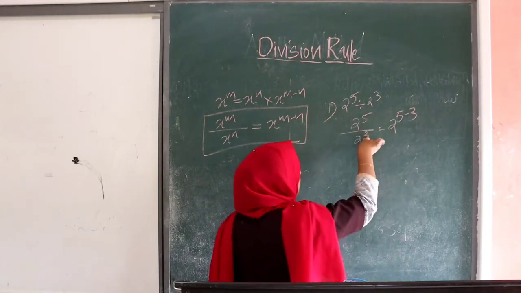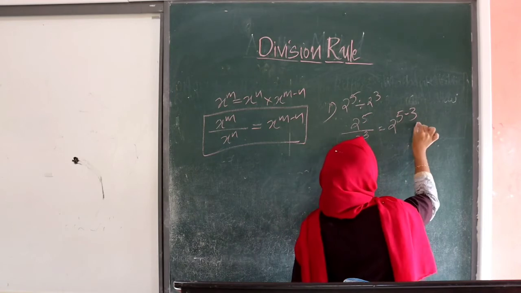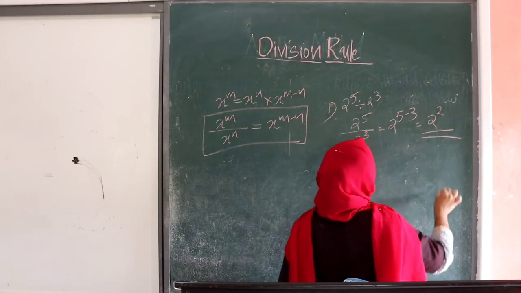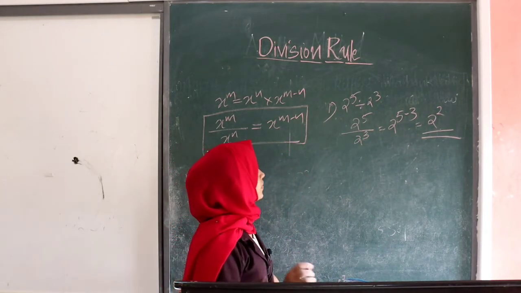We just subtract the exponents. So 2 raised to 2, which means 4.